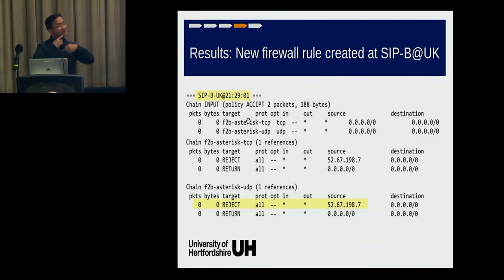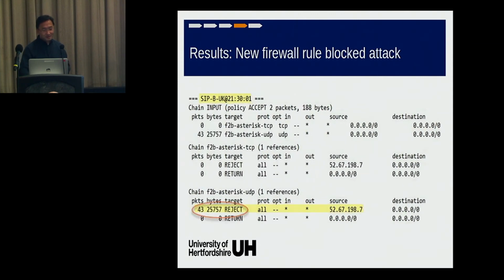So you can do it in a pretty timely fashion. And then the same attacker attacks this SIP proxy, and you can see it start dropping packets right over here. So 43 packets dropped coming from this particular attacker's IP address.